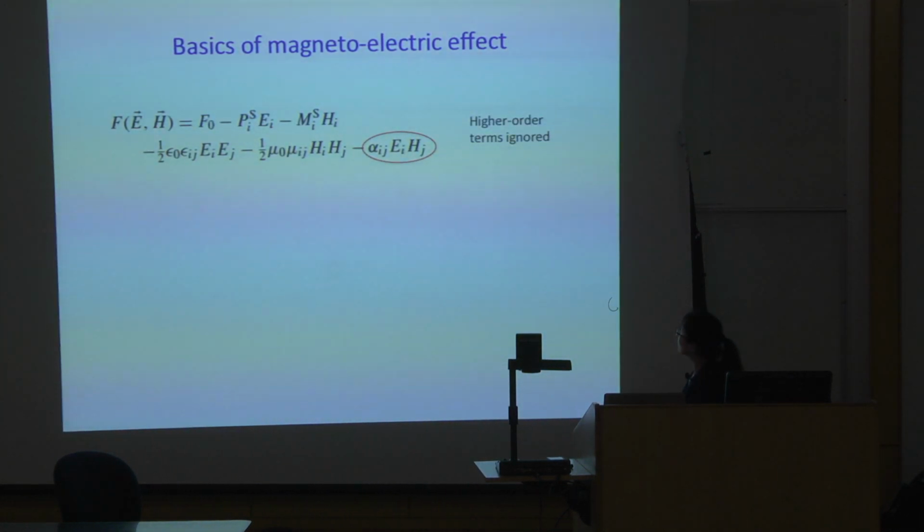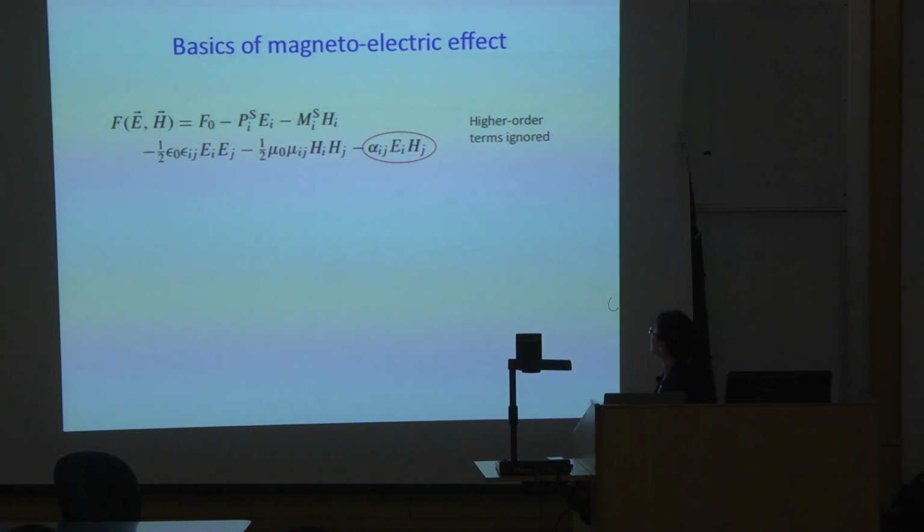So let me go through the basic requirement for controlling magnetism using electric field. What I'm showing here is the free energy as a function of electric field and magnetic field, and those are the terms we usually see, right? If there is a coupling between the electric and magnetic fields, in the leading order term, you can write something proportional to the product of the two, right?